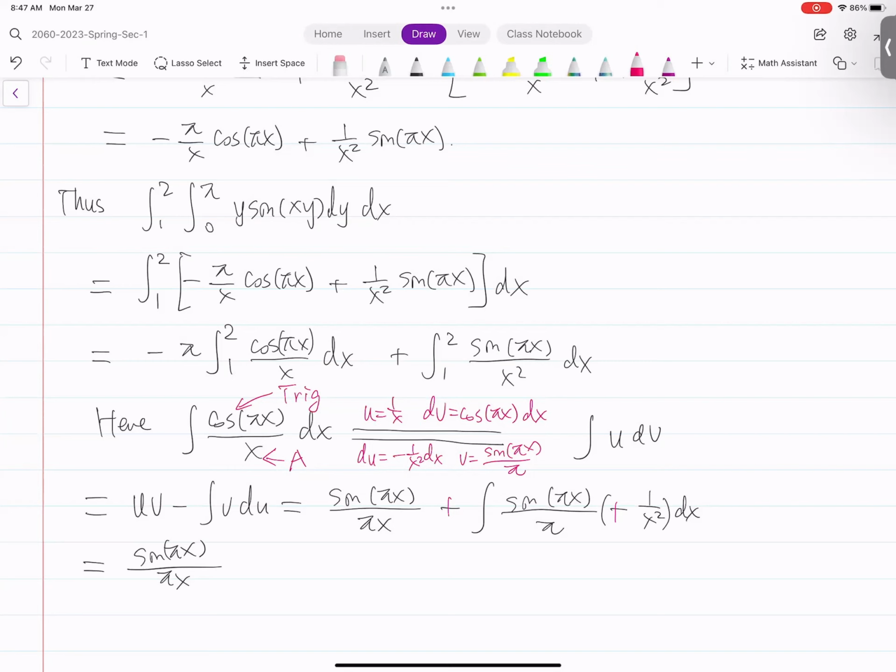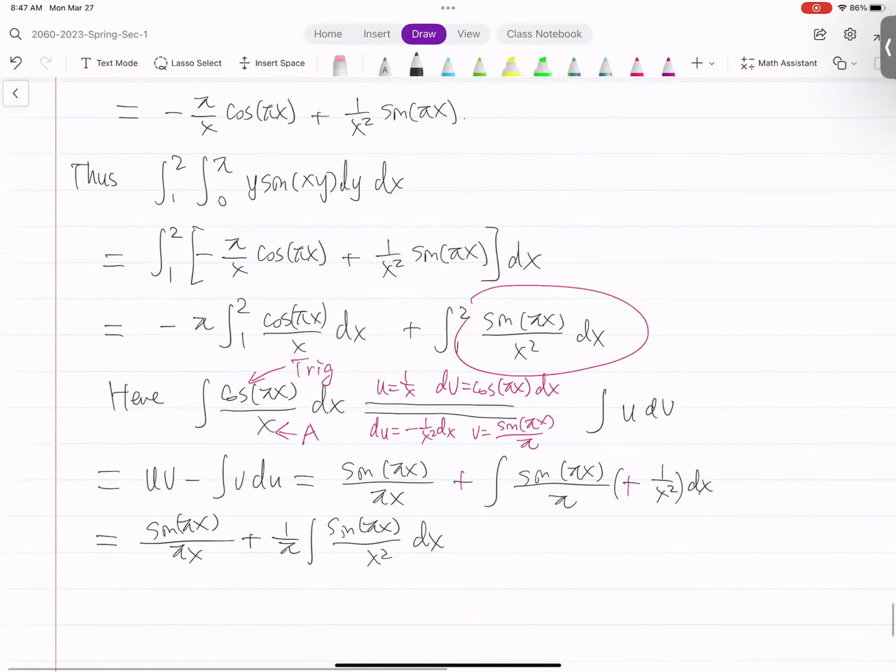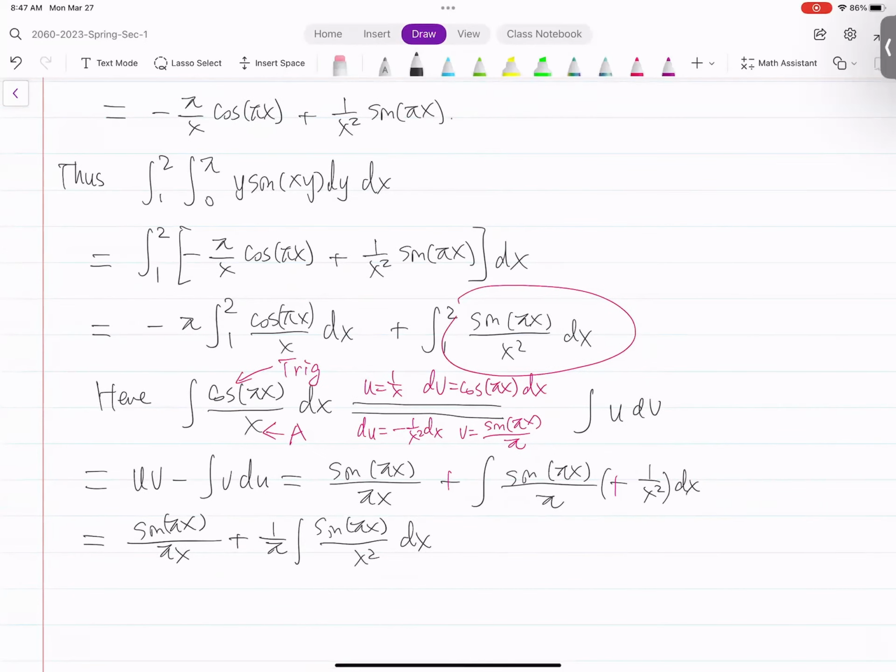If you look at this, it's very similar. This looks exactly like the second term in the above integral.